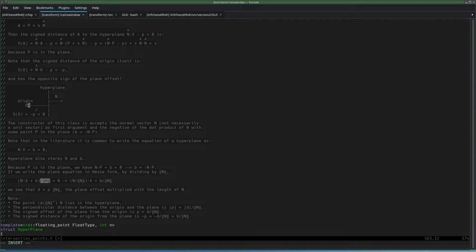No, okay, let me change that into the plane offset multiplied with minus n.